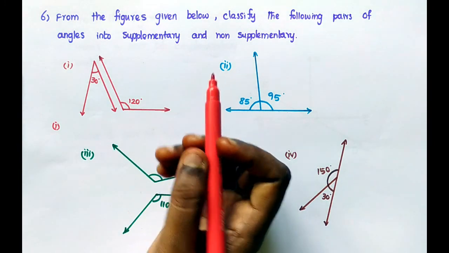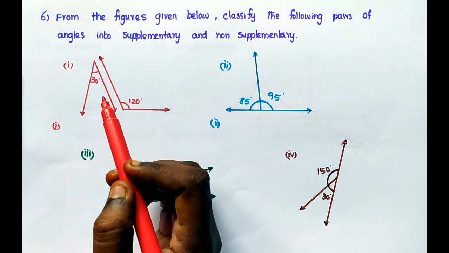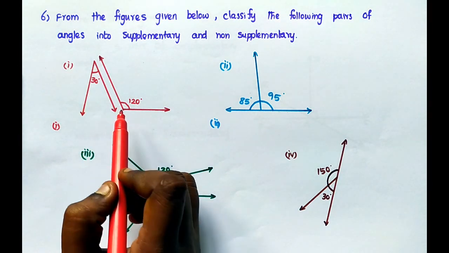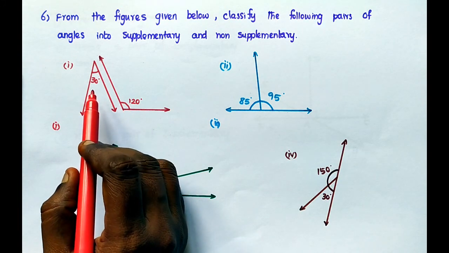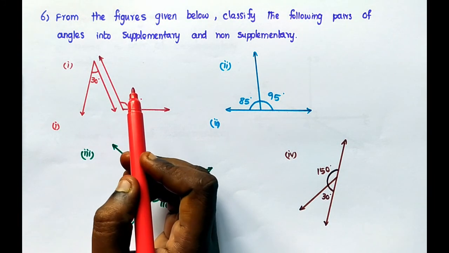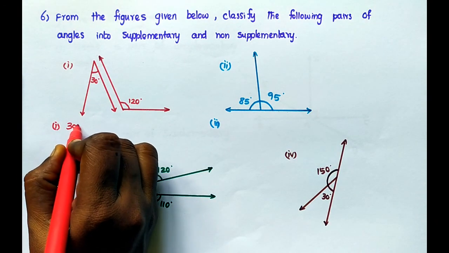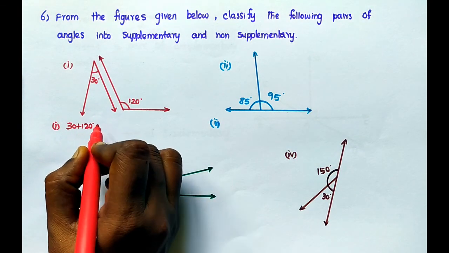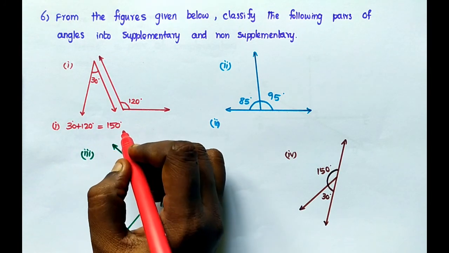Sixth one, from the figure given below, classify the following pairs of angles into supplementary and non-supplementary. Listen, first one, like that complementary, we have to add these two angles, and if we get 180 means it is supplementary, otherwise non-supplementary. So first 30 plus 120, that is equal to 150 degree.